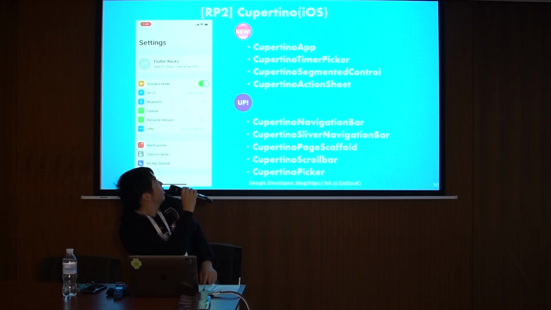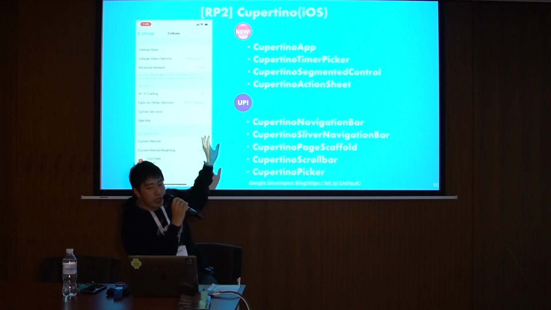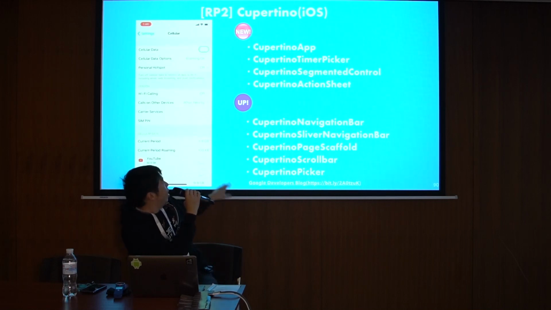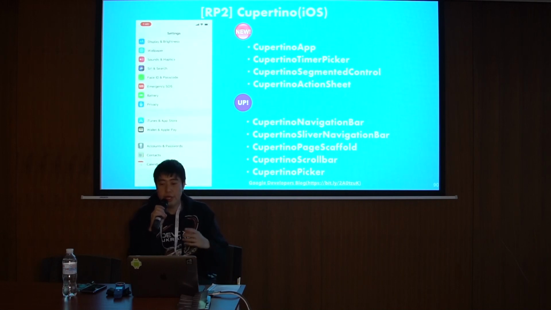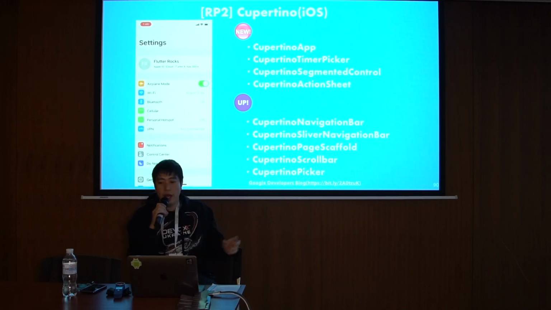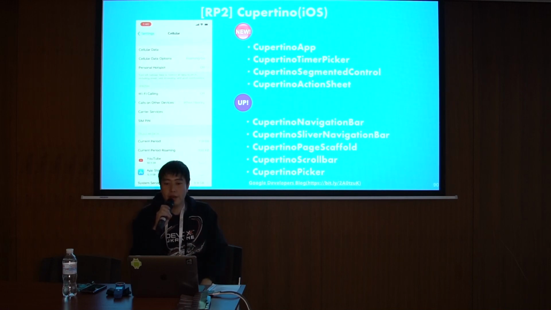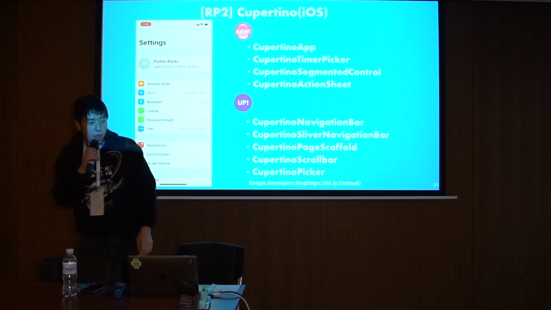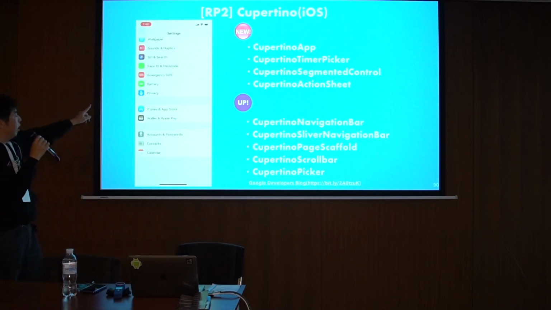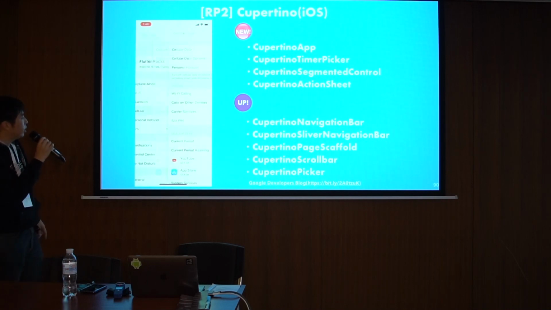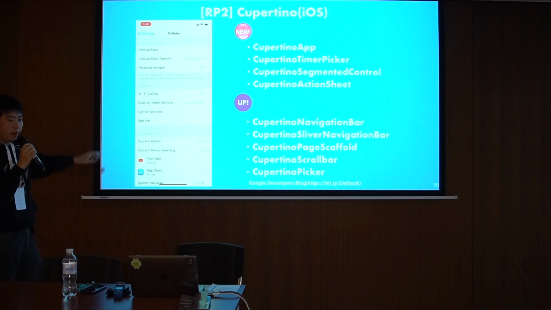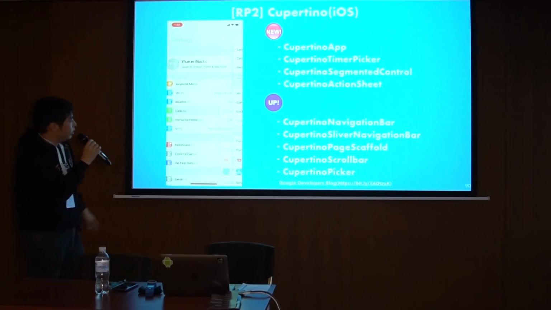Here are the lists: new Cupertino widgets and updated Cupertino widgets. By using these components, we can create something like a native iOS application. This is a Google Flutter sample application. It's like a native iOS application.